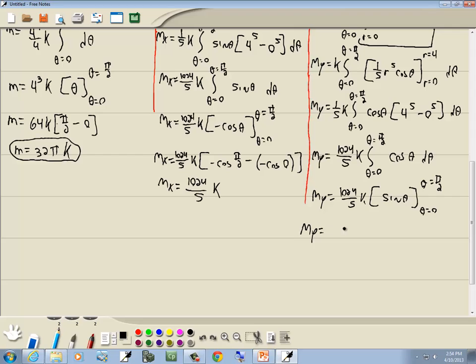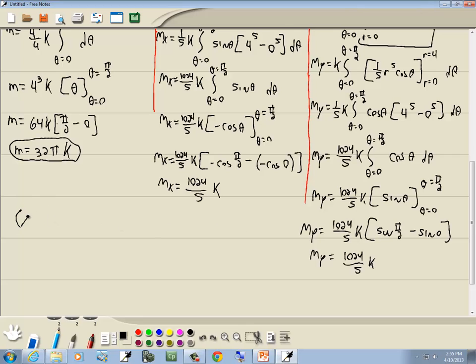Plug those in, and we get 1024 over 5k, and we'll plug in pi over 2 for theta. So we get sine of pi over 2 minus sine of 0. Well, sine of 0 is 0, so that drops away. Sine of pi over 2 is 1, and 1 times that gives you, oh, that's interesting, the same thing. Kind of makes sense when I think about it, now that they're a circle.